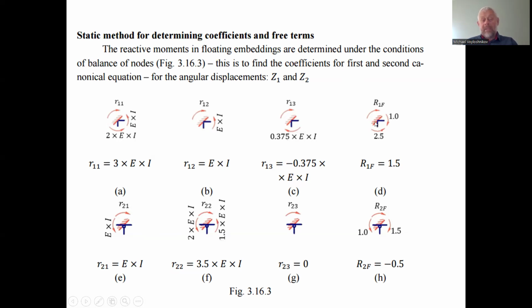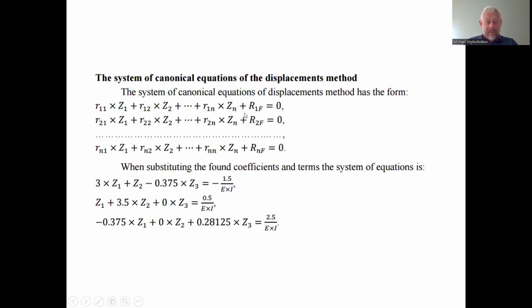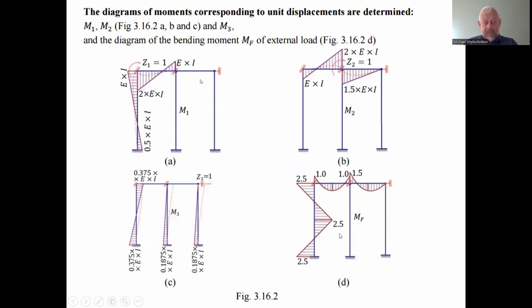And the last one: we have to find the free summand of this balance equation. Here we have free summands, and we have to find this free summand. We use the lower diagram, the diagram of the bending moment of the main system of the displacement method.